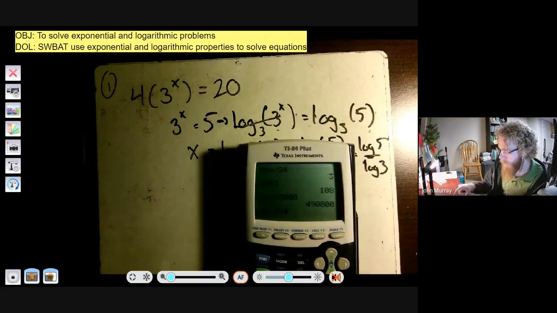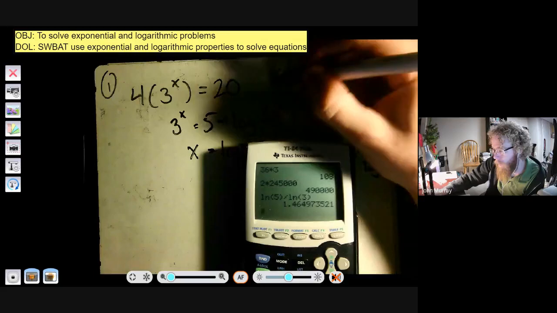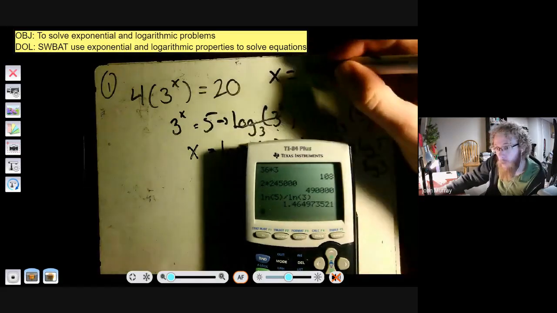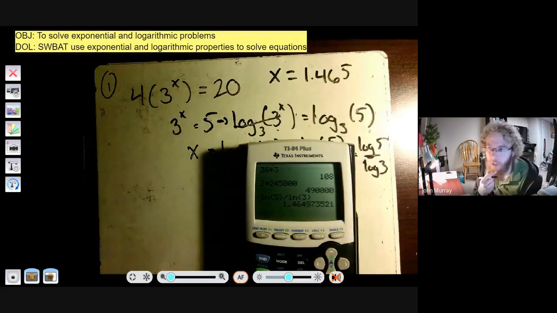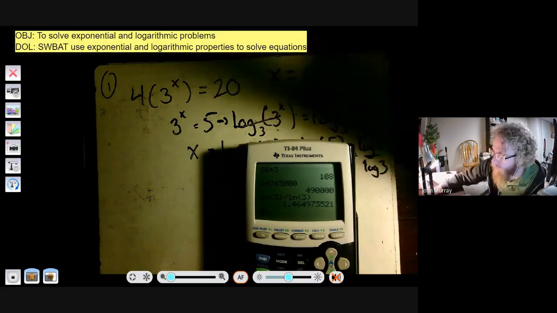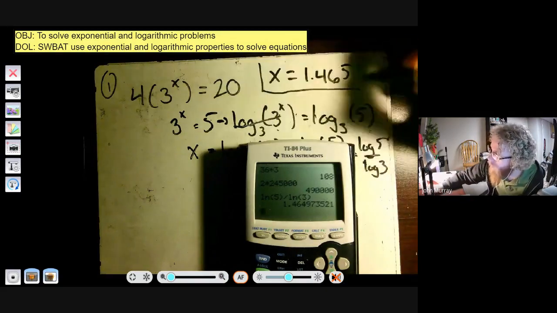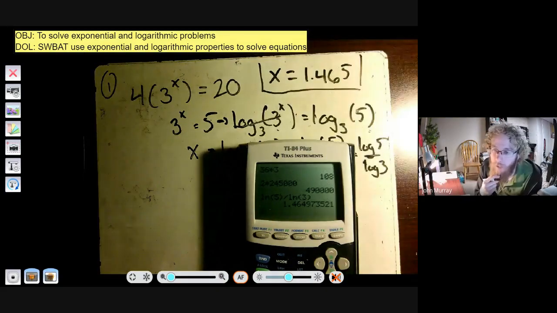So natural log of 5 divided by the natural log of 3. Rounding to 3 decimal places, we would get x equals 1.465. We'll round that up. So for your first problem, x is 1.465.